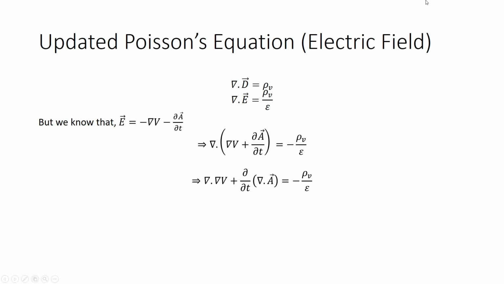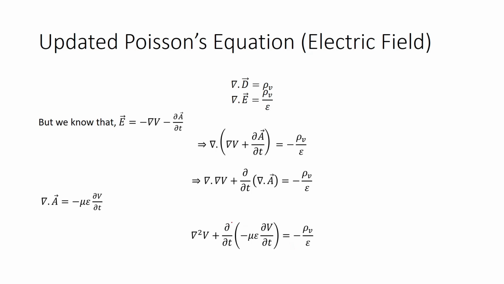The divergence of gradient of V plus the time variation of divergence of A bar is equal to minus rho V by epsilon. We have already set the divergence of A bar to be minus mu epsilon times dou V by dou T. Therefore, I can write that the Laplacian of V plus dou by dou T of minus mu epsilon dou V by dou T is equal to minus rho V by epsilon.